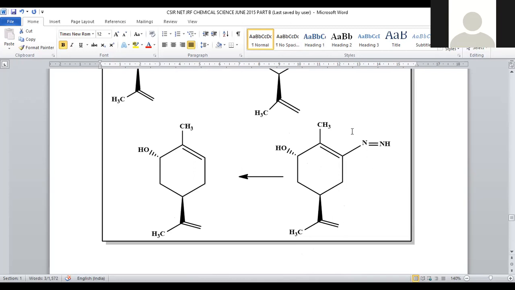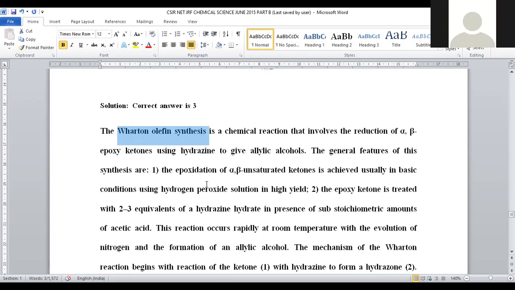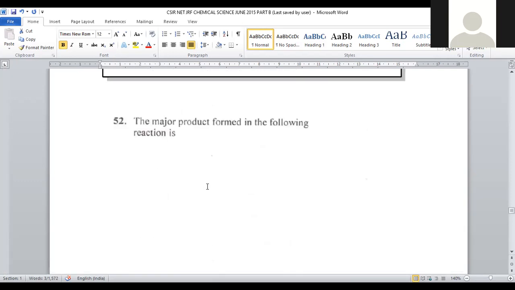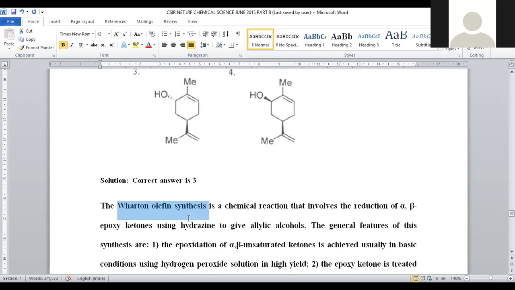Now it will participate in deamination. Nitrogen will be decomposed from this. Whenever nitrogen is removed from this system, hydrogen will be added here, so that it turns into an allylic alcohol with OH at the back end. That is provided in option number 3. This is the reaction called Wharton olefin synthesis. For question number 52, option number 3 is the correct answer.